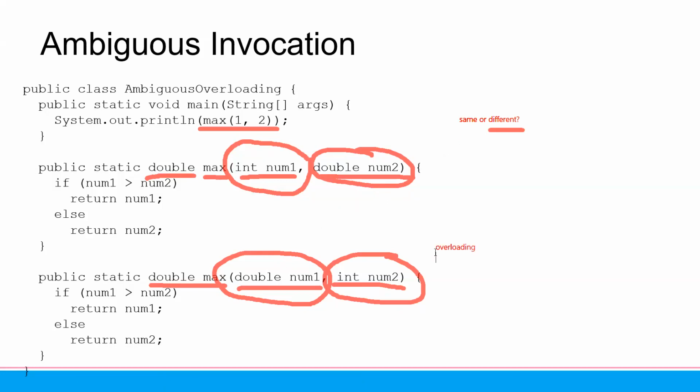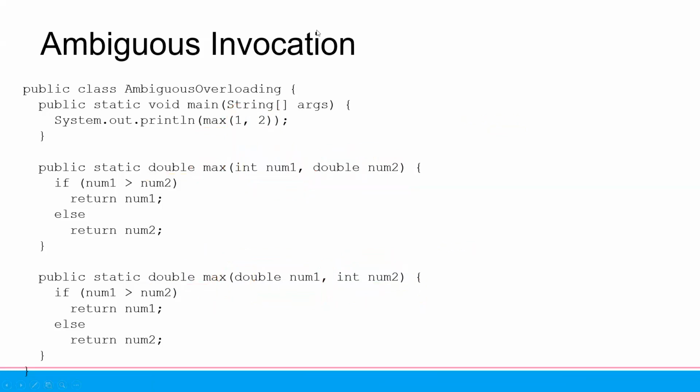However, when we want to input 1 and 2, which method will be executed? This one or this one? 1, the value of 1, it can be integer, but it can be also double, because you can put 1.0 as double.